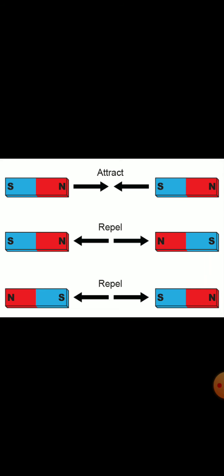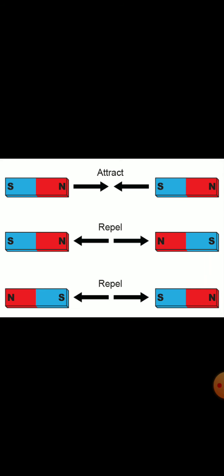We are studying it since primary classes, right? So let us have a look at it once again. Unlike poles, so they can be north pole and south pole. They are unlike poles, so they will attract each other. Similarly, if there are south pole and north pole, then also they will attract.